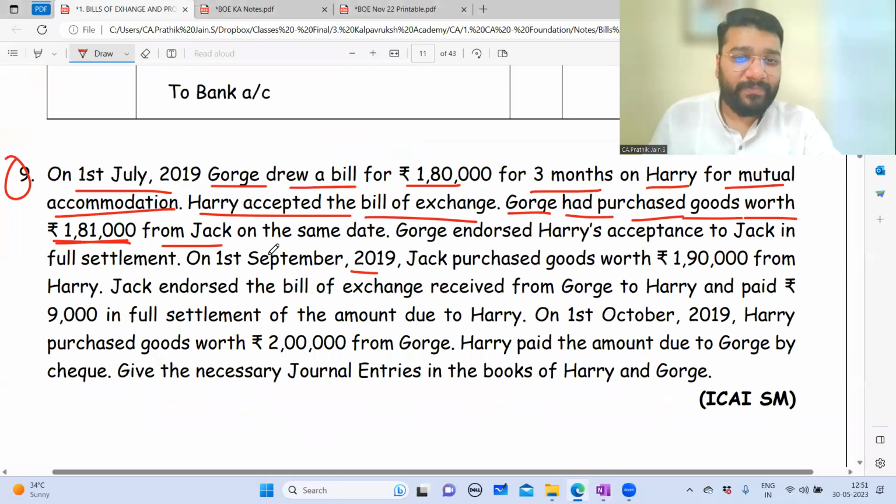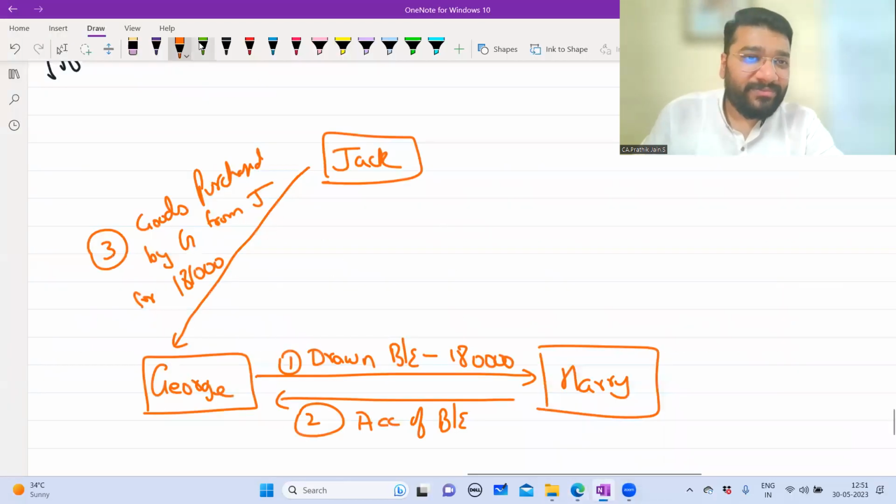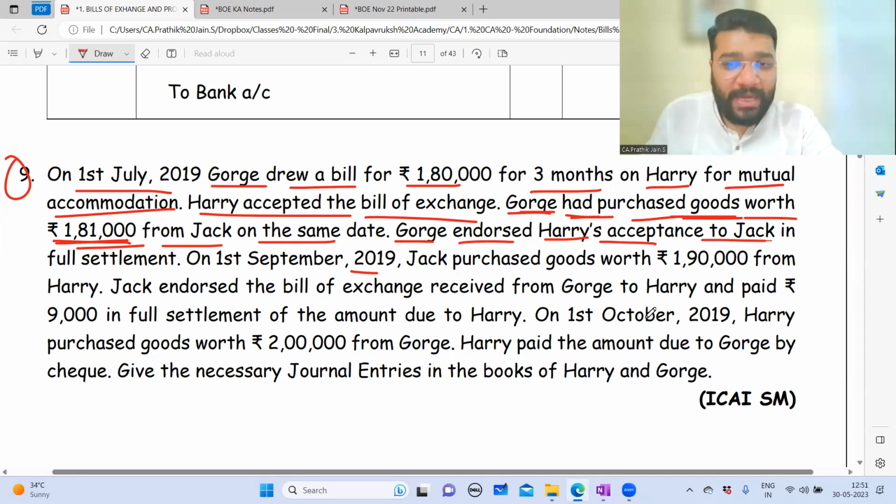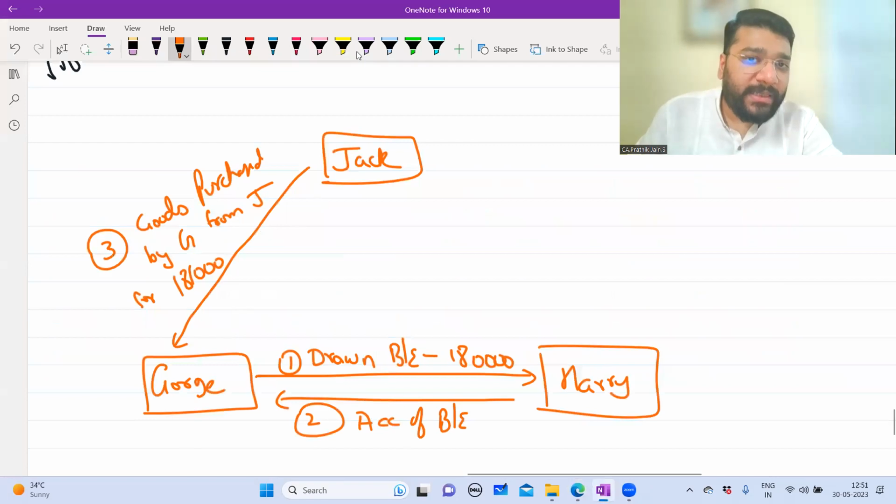Georgie had purchased goods worth 1,81,000 from Jack on the same date. Georgie endorsed Harry's acceptance to Jack. So Georgie is giving something to Jack. What is he giving to Jack?